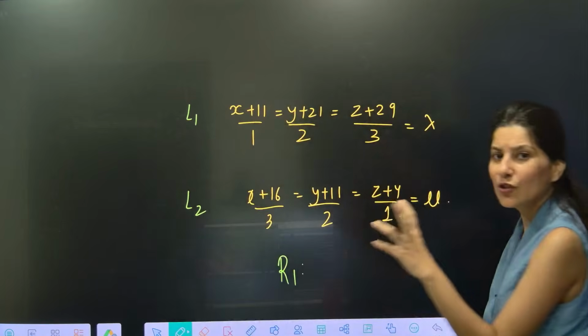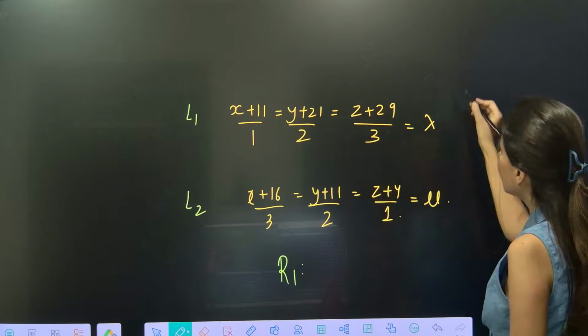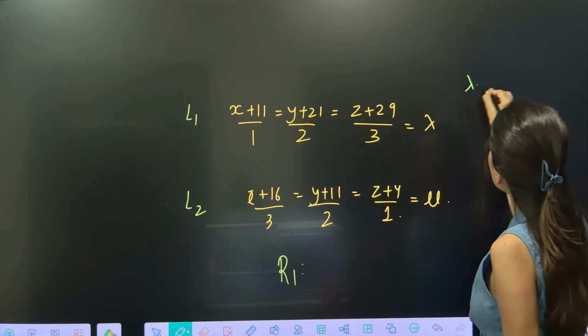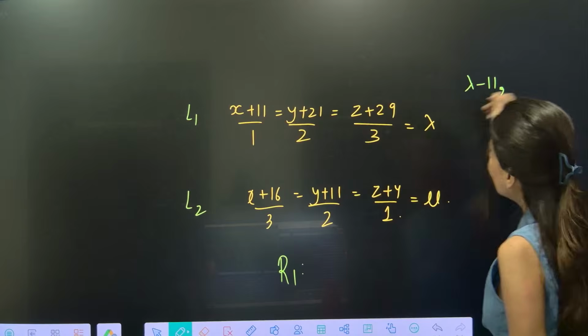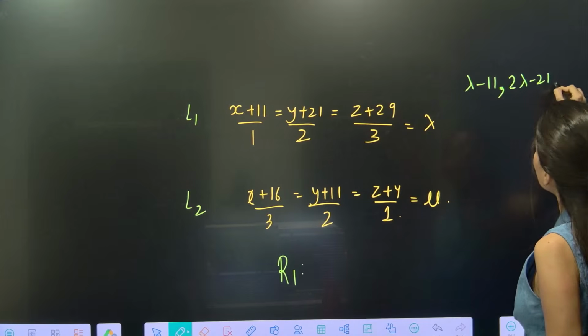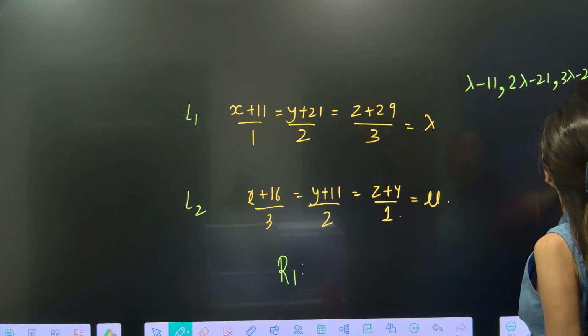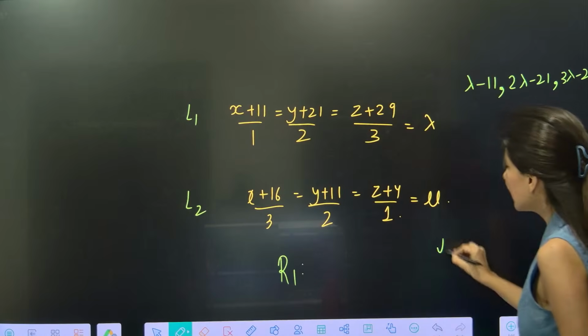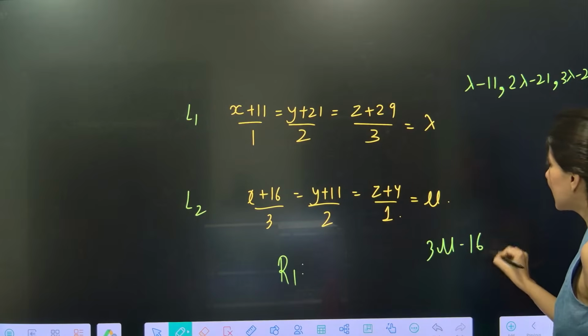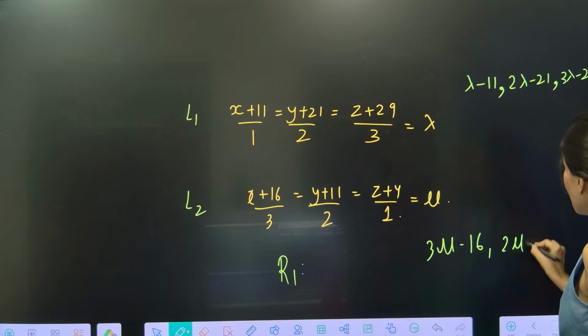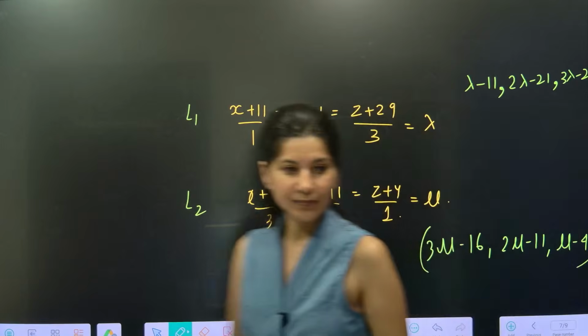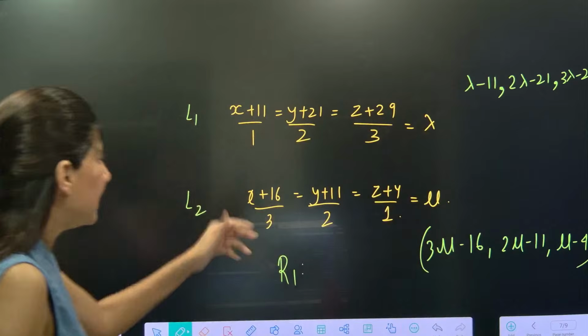Let's assume a point on line L1. So it will be lambda minus 11, 2 lambda minus 21, 3 lambda minus 29. And this is 3 mu minus 16, 2 mu minus 11, and mu minus 4.